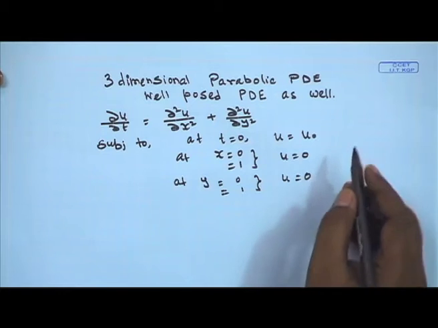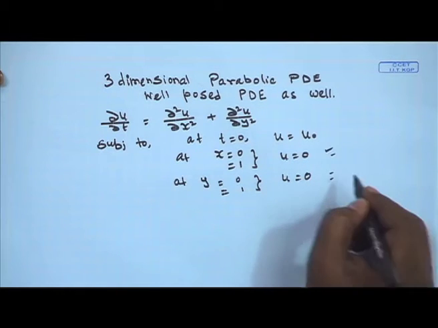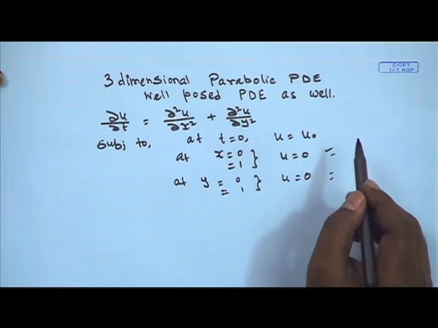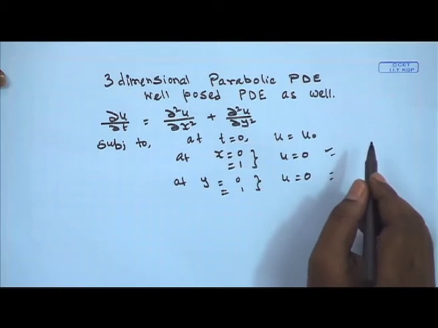So, we have all the four boundary conditions to be homogeneous and one initial condition to be non-homogeneous, and then we will be looking for a separation of variable type of solution.